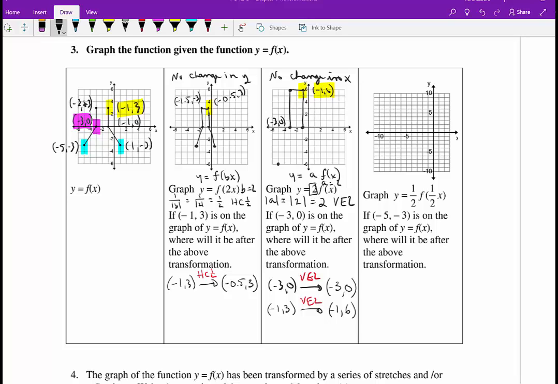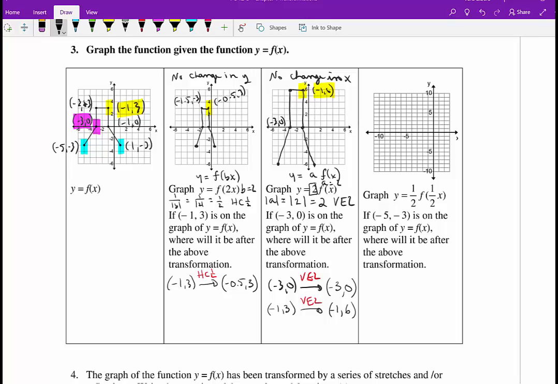It now becomes 6. We still keep the x-coordinate at 1, but our y-coordinate goes down to -6. And we join our points and we get this graph. So notice there is no horizontal compression or expansion, right? It's just as wide as it was before. But notice that the length has doubled. Okay, it's twice as high.